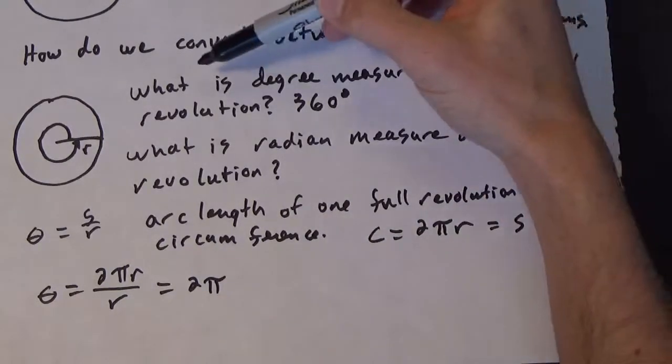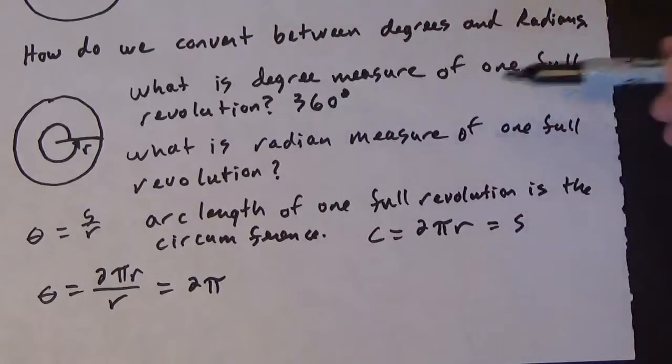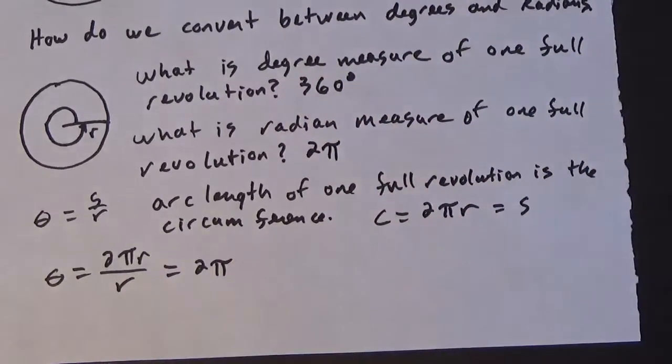So just like this question, what is the degree measure of one full revolution? It's 360. What is the radian measure of one full revolution? It is 2 pi. That's just something you have to know, common knowledge at this level of mathematics. All right, let me get a new piece of paper. Let's continue.